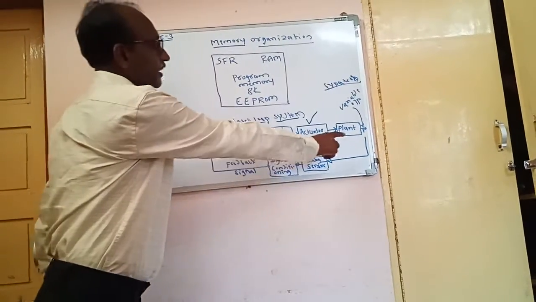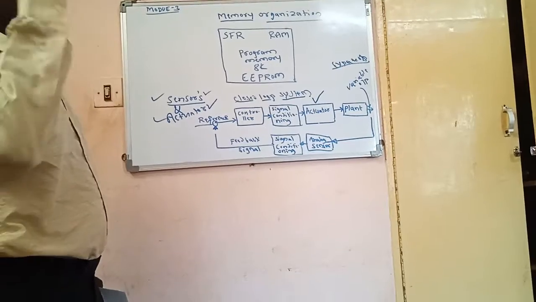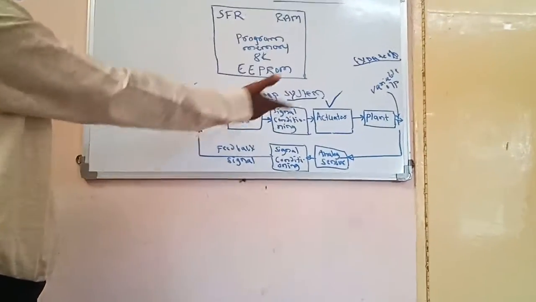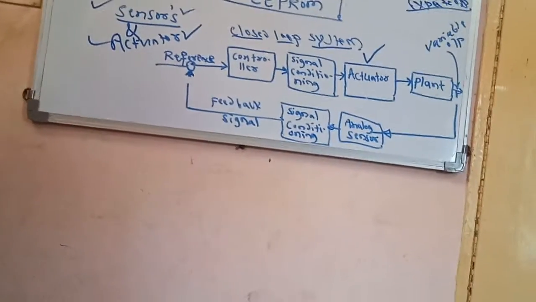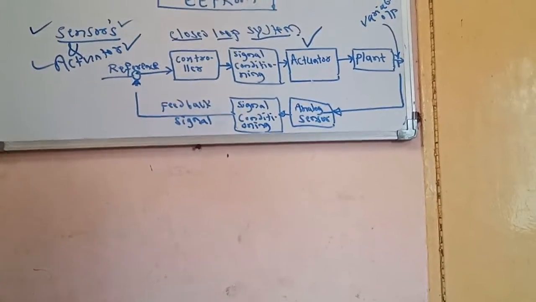If you remove this feedback, it acts as an open loop system. An open loop system does not give a stable output. You cannot judge; even though you arrange these actuators as well as sensors, you cannot get a proper output result. The result is erratic.